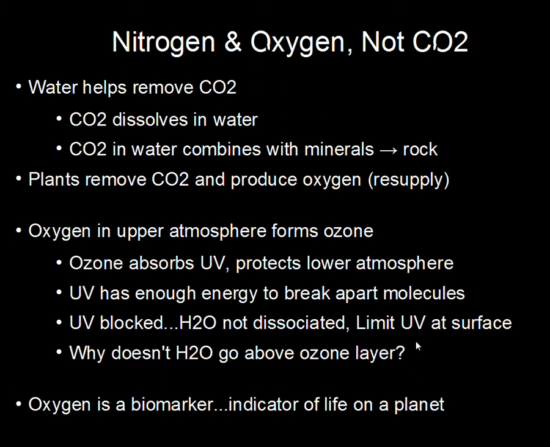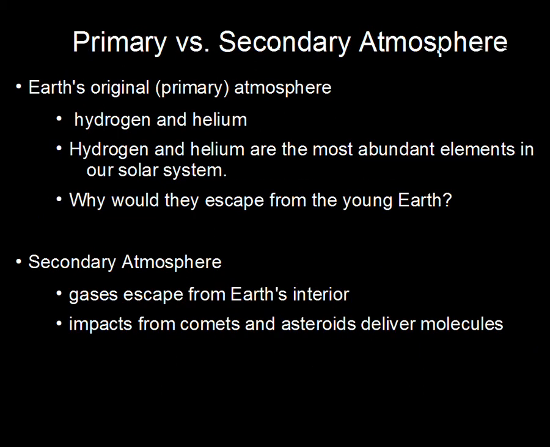This oxygen in the atmosphere does form what's called a biomarker. And as astronomers seek out evidence of life on planets around other stars, one item that they're looking for is the presence of oxygen in the atmosphere. There could be other reasons that oxygen would be there, but presence of life will produce oxygen in the atmosphere.